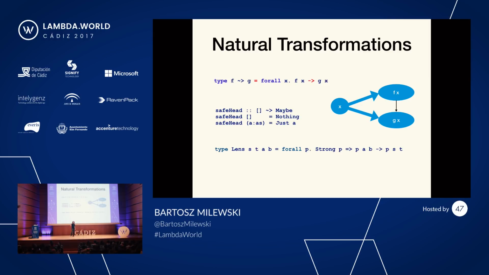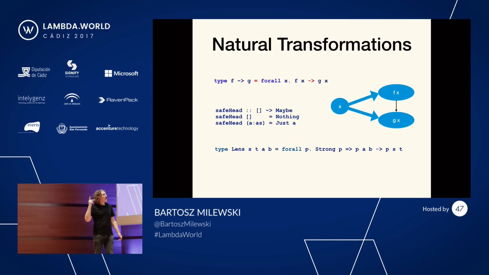Gx maps using functor g. So we have two functors, and since these functors go into these two objects, fx and gx, we can pick a function from fx to gx. For every object x, if we pick a function like this, then we get a natural transformation.